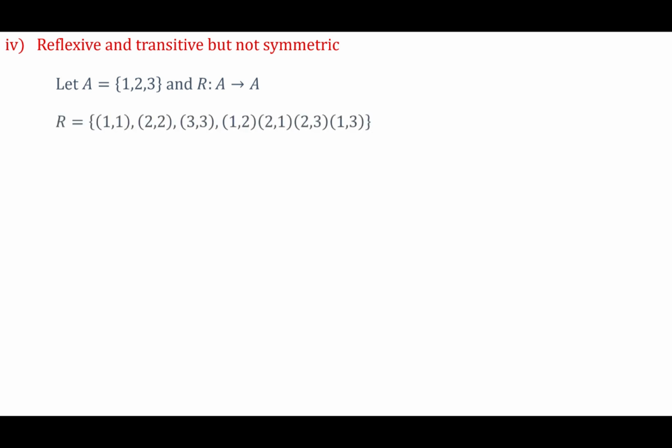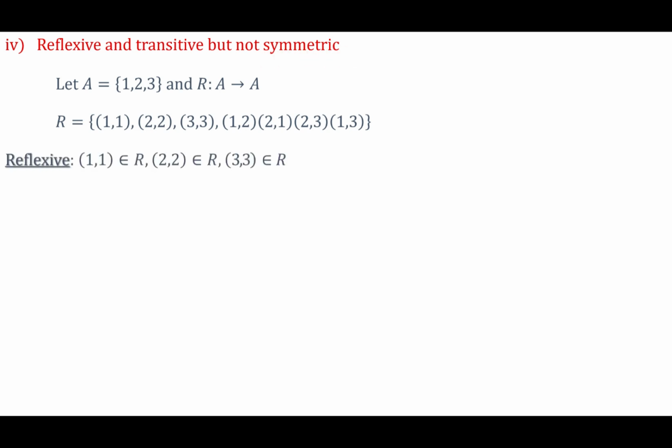Part 4 of question 10. We have to define a relation which is reflexive and transitive, but not symmetric. I choose a set A as {1, 2, 3} and the relation R defined on A as this. Now we need to check this relation is reflexive and transitive, and it should not be symmetric.